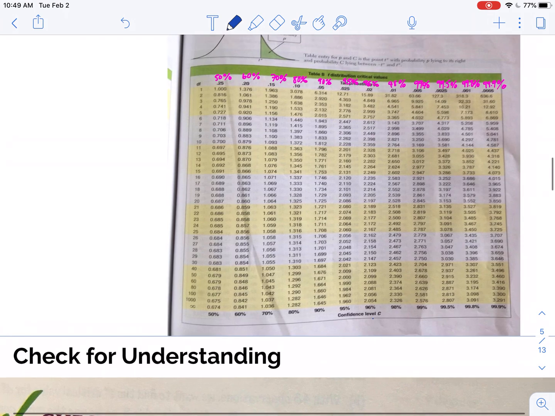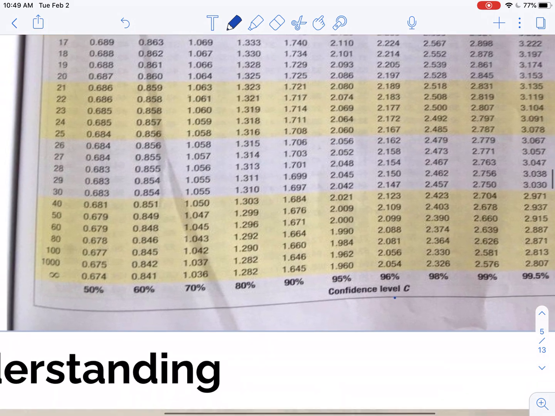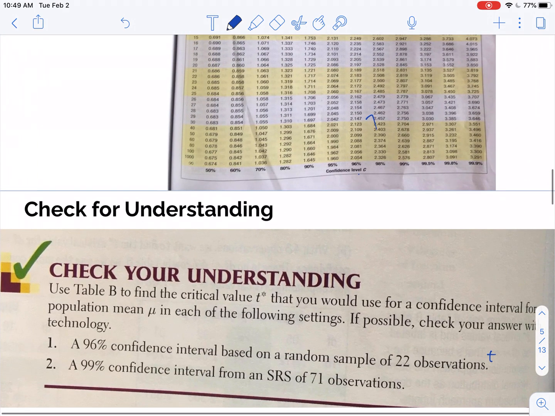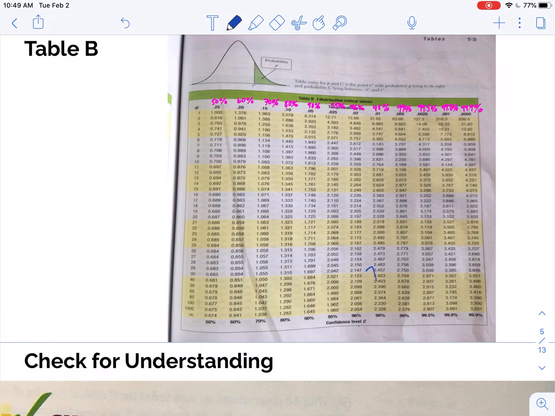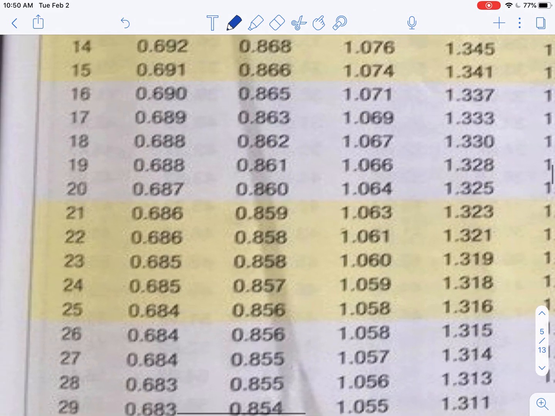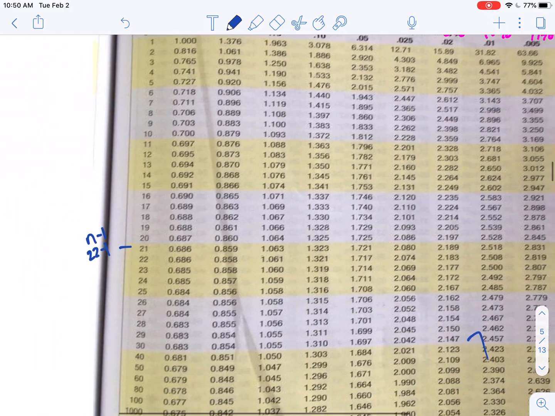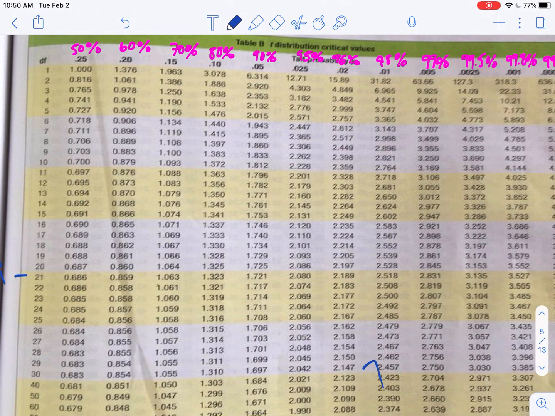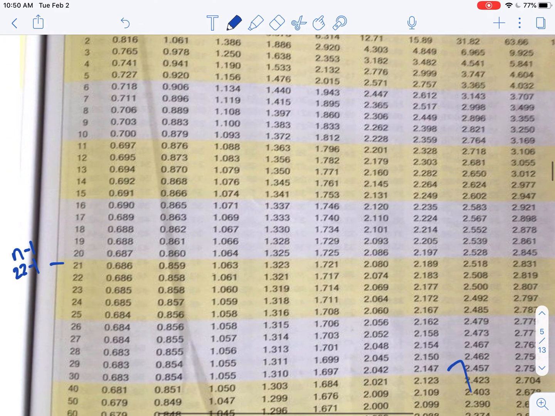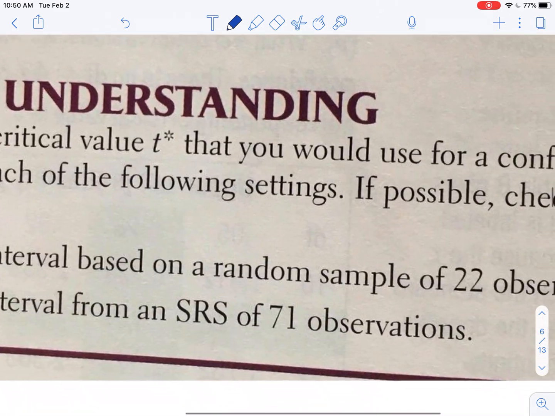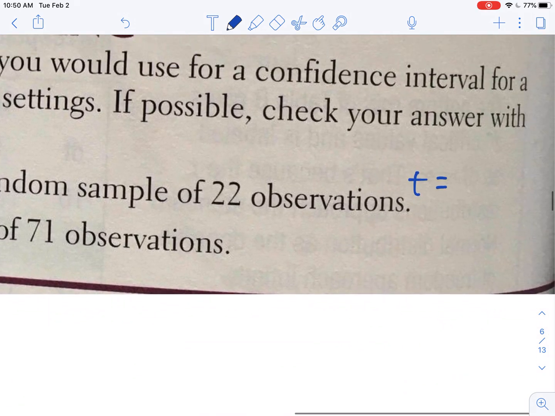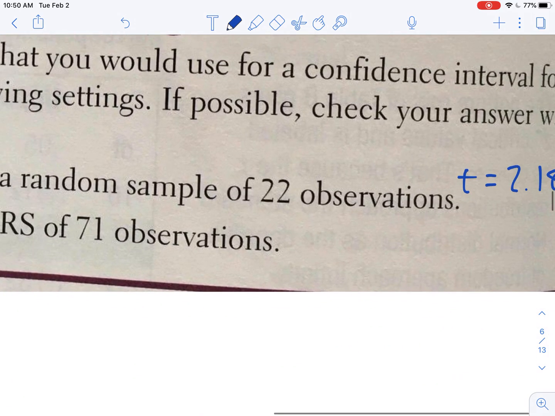Since my sample size is 22 observations, I need n minus 1, so 22 minus 1, and I go to 21 for my degrees of freedom. I go to that 96% confidence level, and I see that it is 2.189. So my t-value here is 2.189.